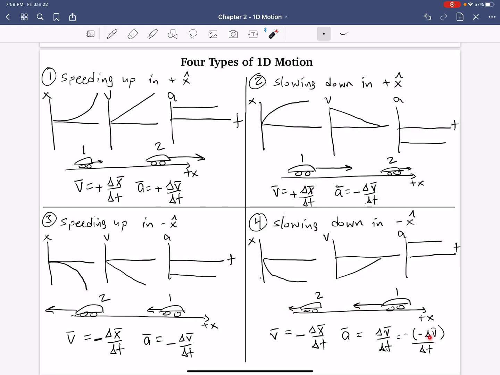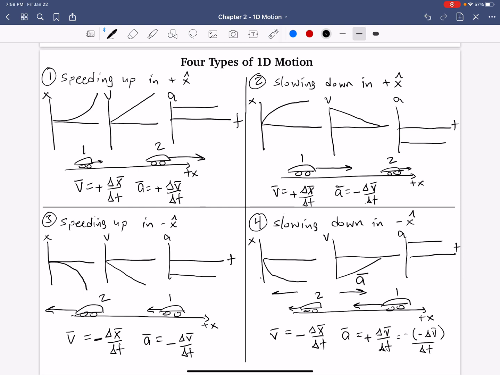So it's a negative change in the velocity, I should say, not speed. So negative times a negative makes that overall a positive. And so when velocity is negative but the acceleration is positive, that means that it's slowing down in the backwards direction. But what that qualitatively means is that the object is really having an acceleration that's going forward.